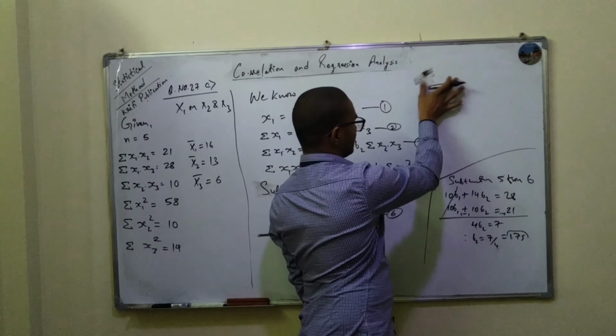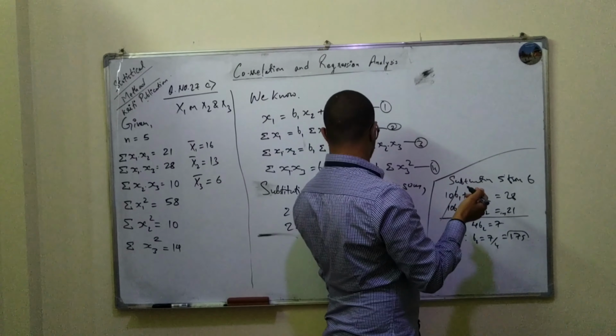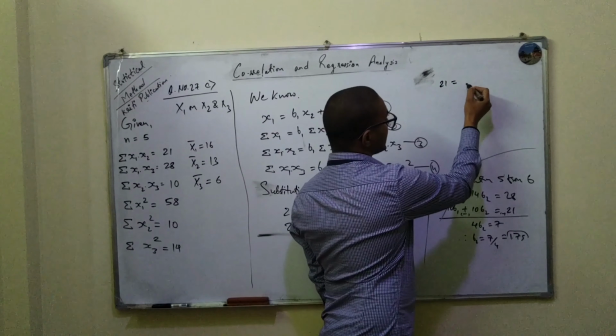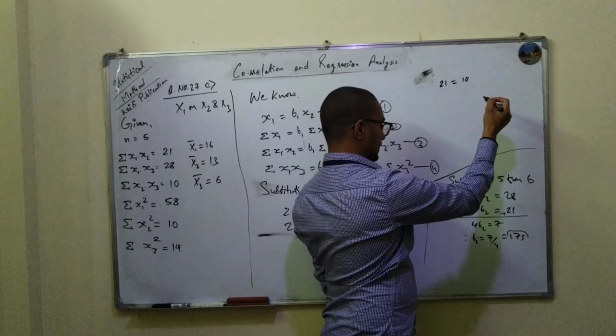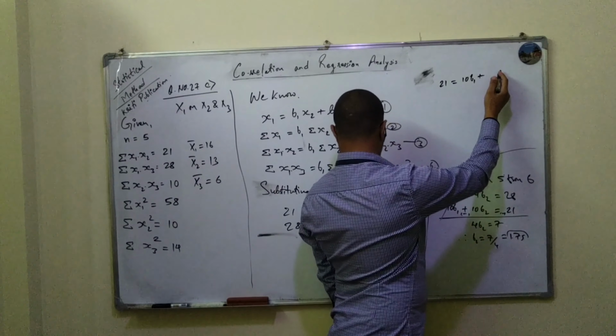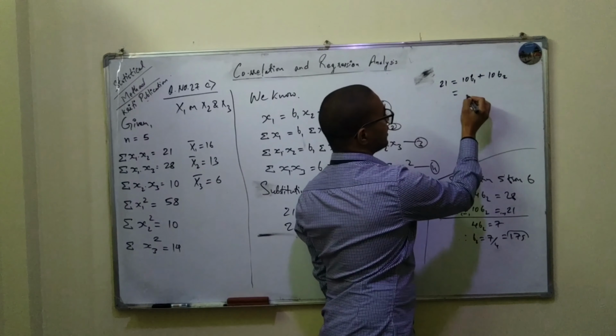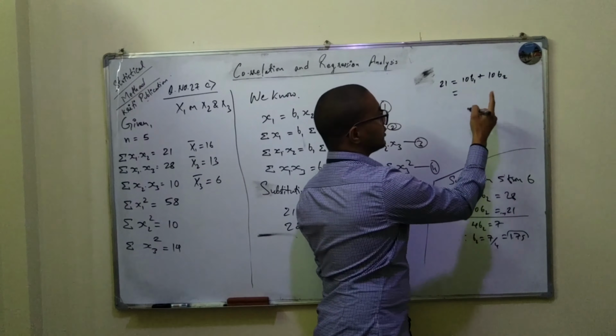So it will be 21 is equal to 10 times b1 plus 10 times b2, right? So we are replacing the value for b2, right?